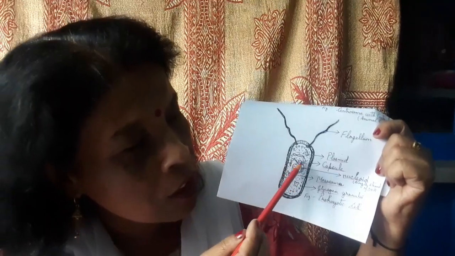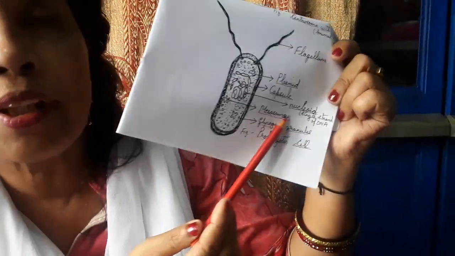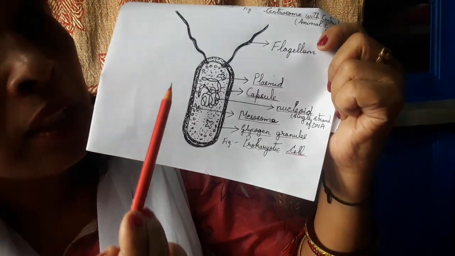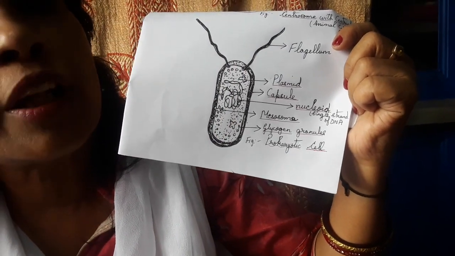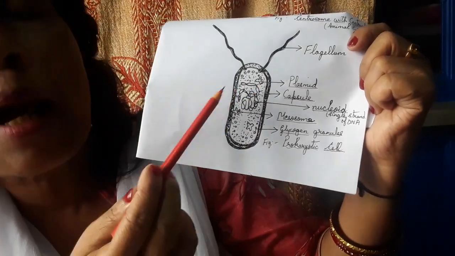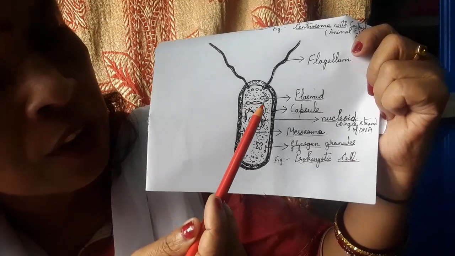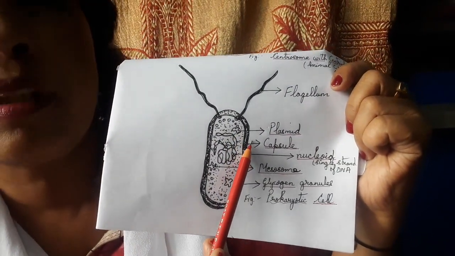It just consists of a strand of DNA called nucleoid. The prokaryotic cell, as you can see, has flagellum, which is involved in locomotion. Membrane-bound organelles are absent. Some bacterial cells have a special structure called plasmid.